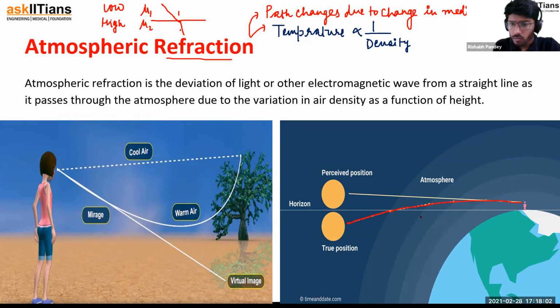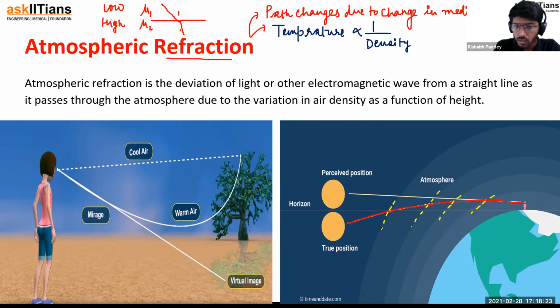That means, as you can see, there are multiple layers, right? There's a layer over here, a layer over here, a layer over here. So at all these multiple layers, will there be refraction? Yes, absolutely.